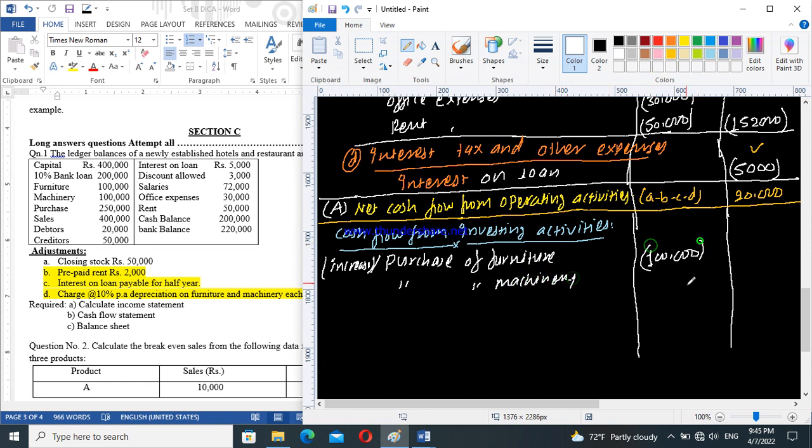When you buy a fixed asset, then your cash outflow 1 lakh. Net cash flow from investing activities part also completed.